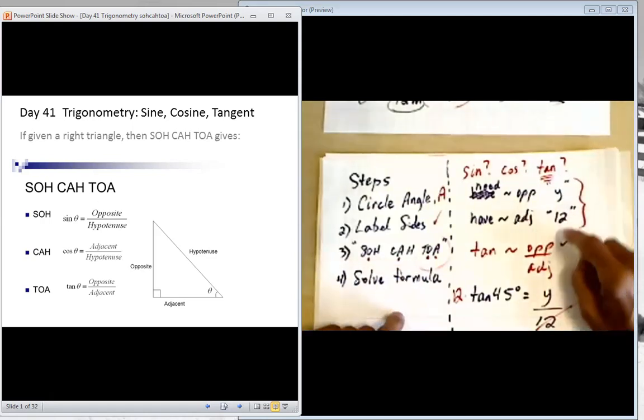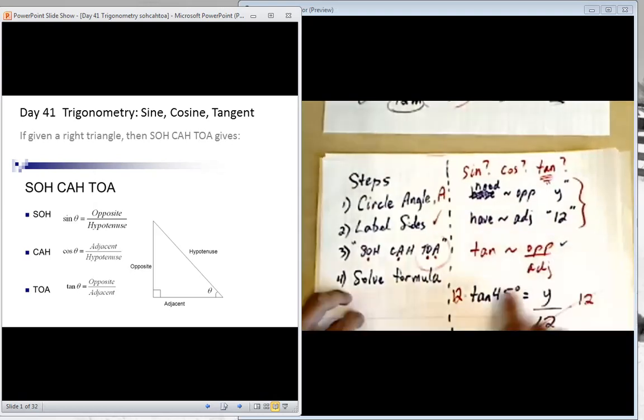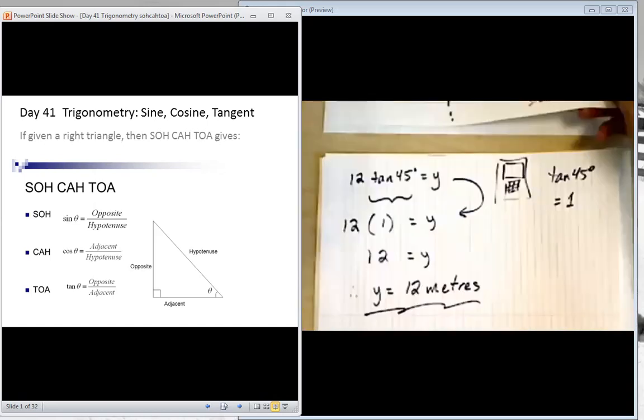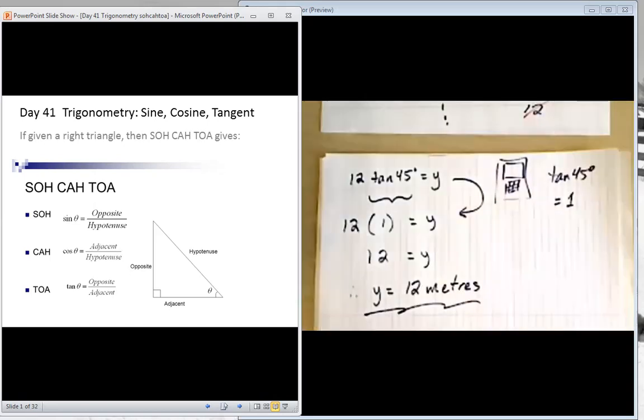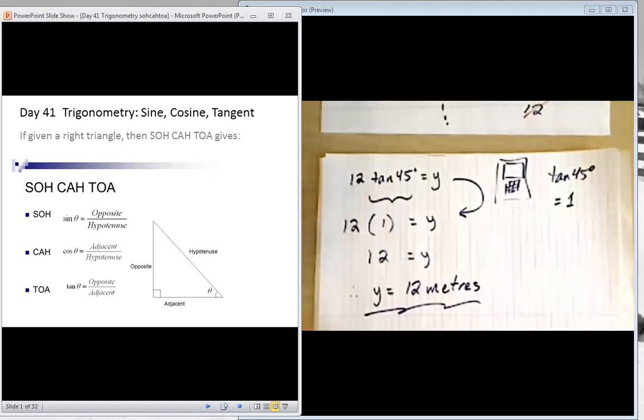So this means we use tangent, where we set up the formula with the values that were given. And then we solve that formula through to the end, very likely using our calculator because of the strange trig values that can come up. Okay, we get 12 there at the end.